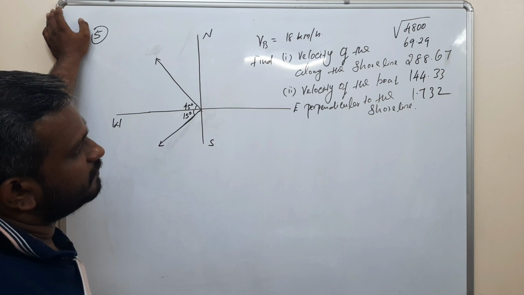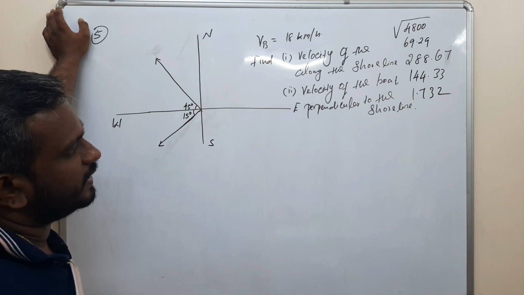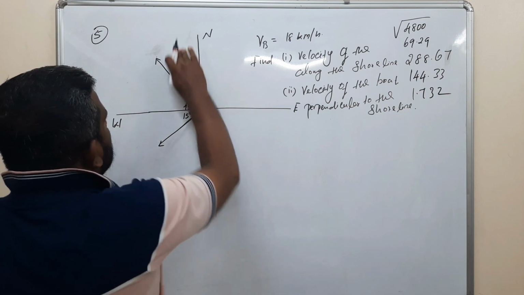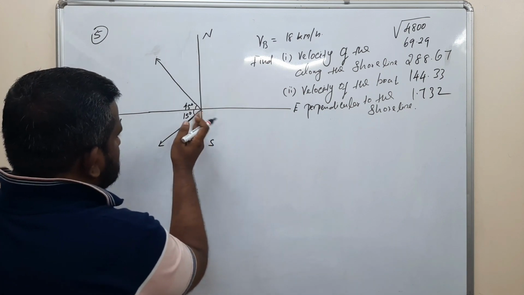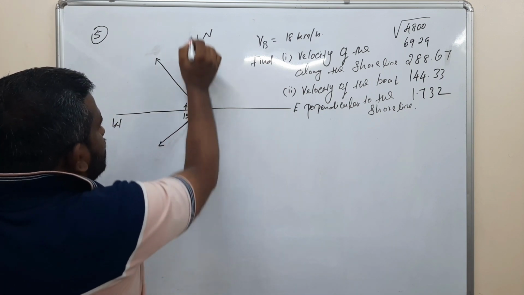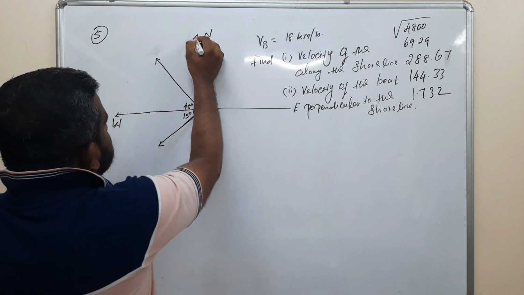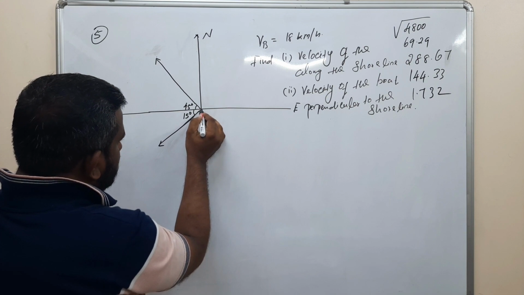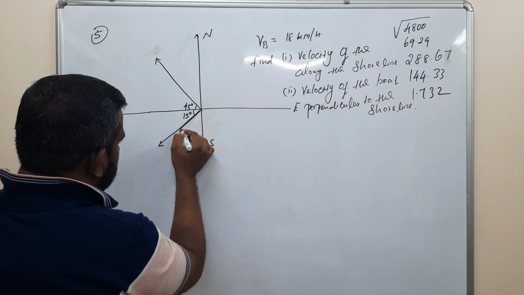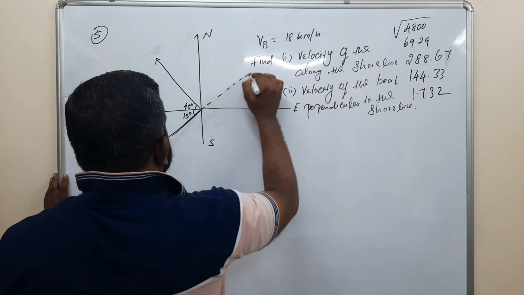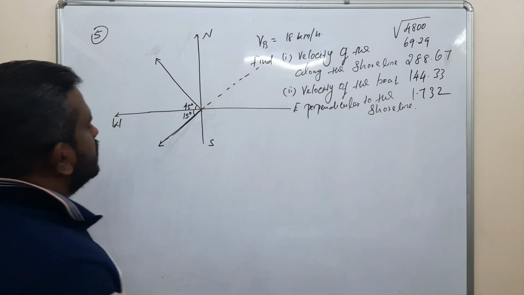We have to find the velocity along the shoreline and the velocity of the boat perpendicular to the shoreline. This north direction and the west direction is perpendicular, am I right? But the shoreline is like this.